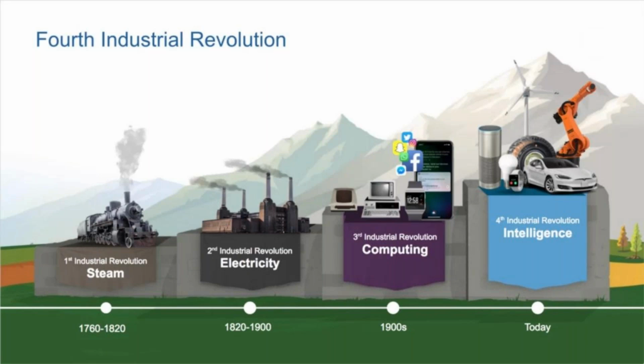For example, I can ask Siri to call my mother, or I can ask Alexa to play whatever songs I'm looking for, and with a small noise, I can ask my lights to switch on, right? These are all artificial intelligence where they can understand our human language. That is where the fourth industrial revolution is.